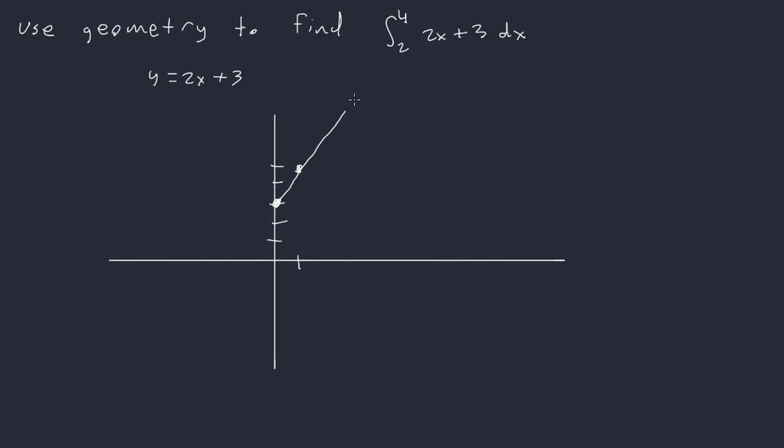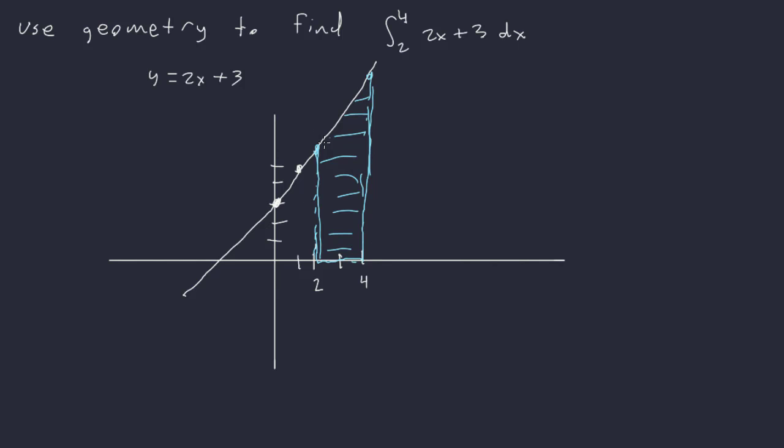All right, so the function looks something like this, right? So it's a linear function. All right, and we're looking at the definite integral from 2 to 4. So here's, say, 2, and here's 4, and so we are looking for this area in here, which is essentially going to be a trapezoid, right?